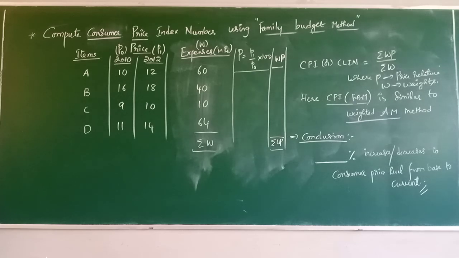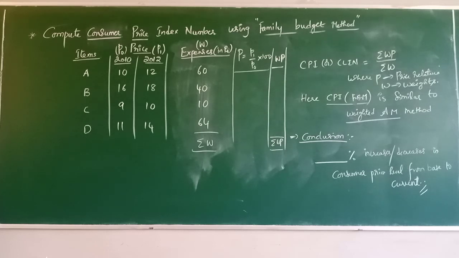That's it. After calculating, the conclusion has to be written: so and so percentage increase or decrease in the consumer price level from base to current. Sometimes they will ask you to find the suitable price index number by just giving the data.